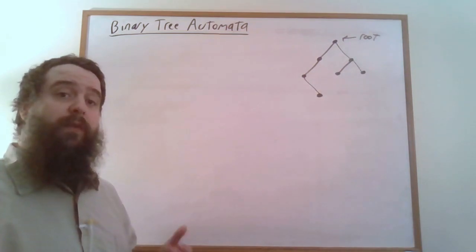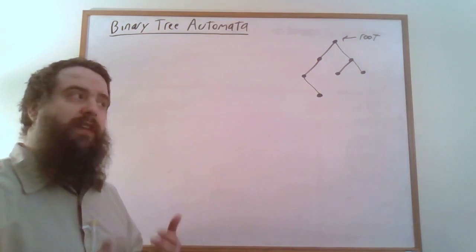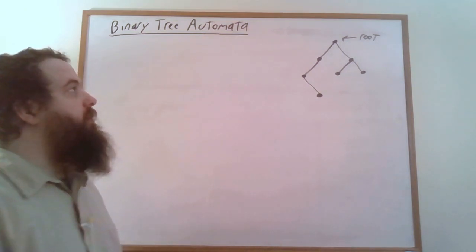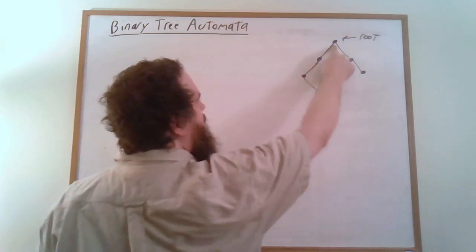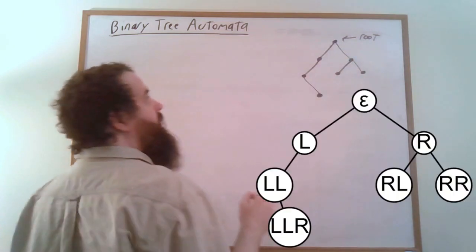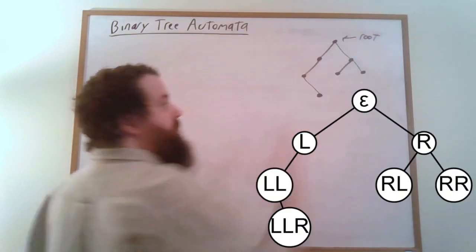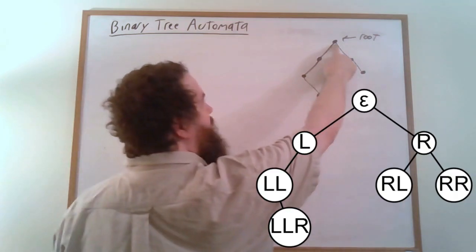The key idea with binary trees is that we want every single node to correspond to a series of L's and R's, describing the sequence of operations either going to the left child or going to the right child, to get us there from the root. So the root corresponds to the empty sequence of L's and R's because we're already at the root.